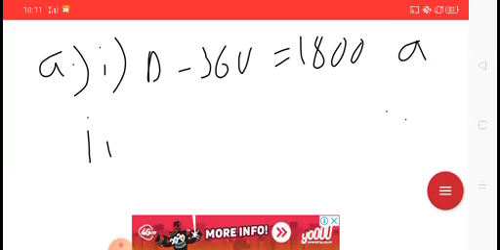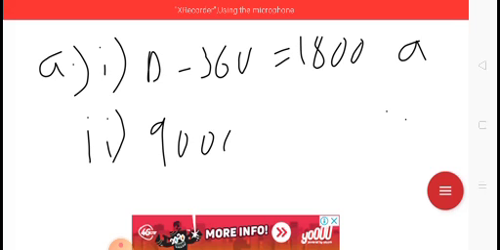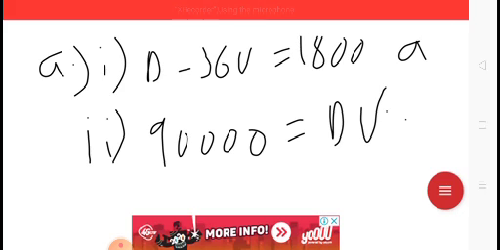And part 2, the power equation. So power equals FV, and for this case F is equal to D, so 90,000 is equal to DV, right? So the power equation.